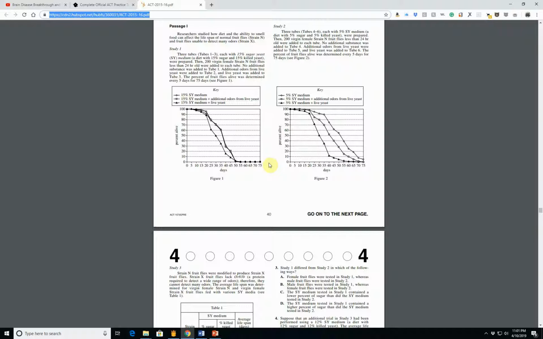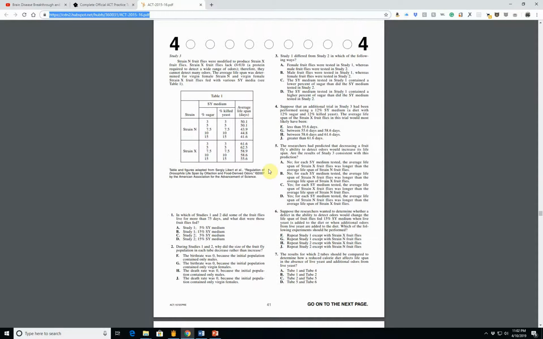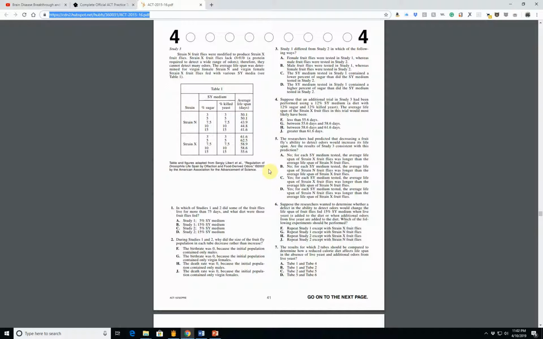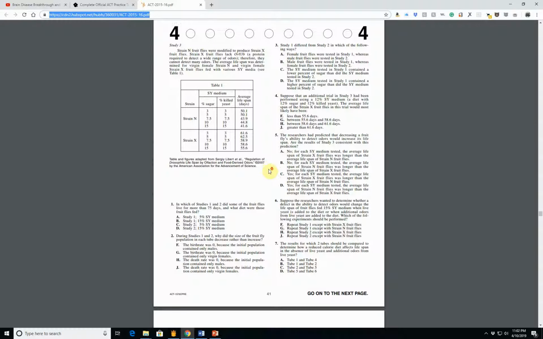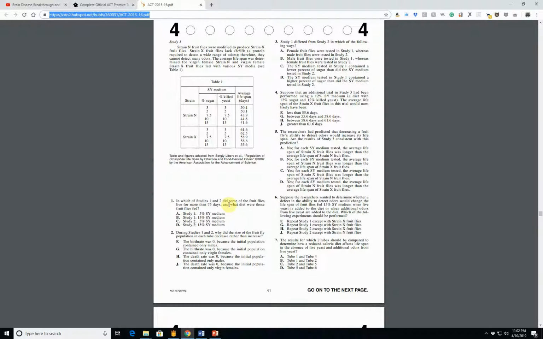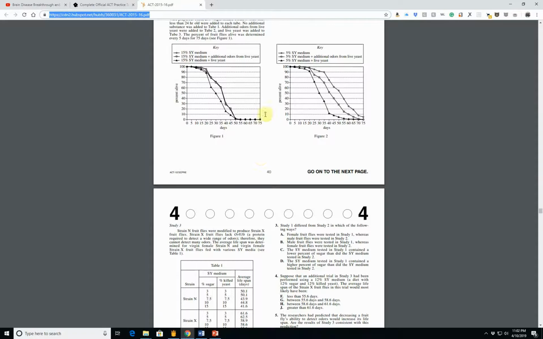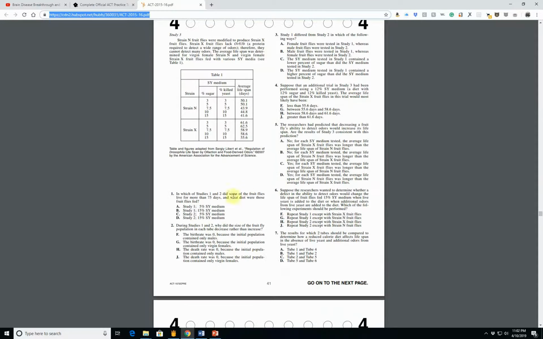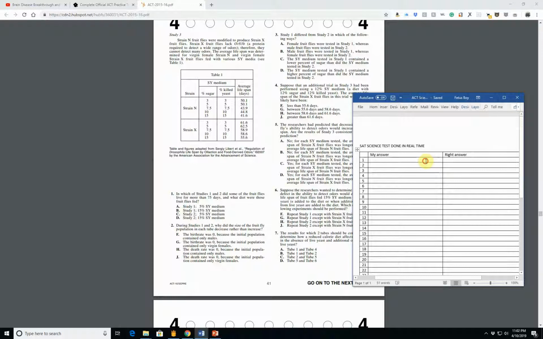Then, okay, so study 2. Alright, doesn't look like any of them lived in study 3. So that would be study 2, 5% SY medium. So it's C. Alright, so I'm going to put my answer here on my makeshift answer sheet, and let's get going.